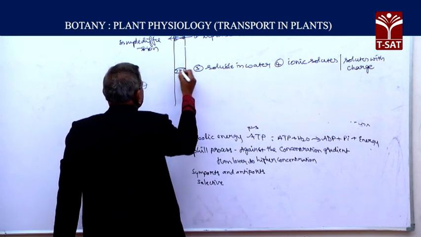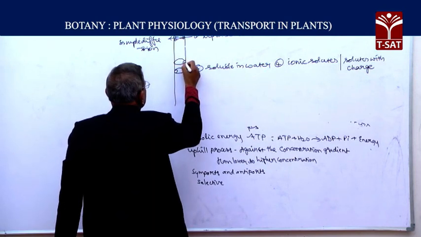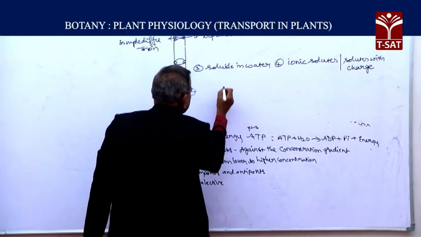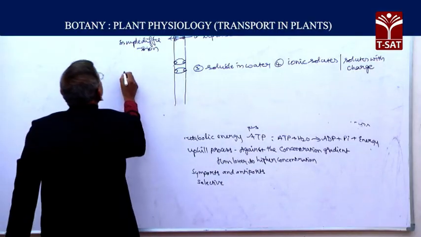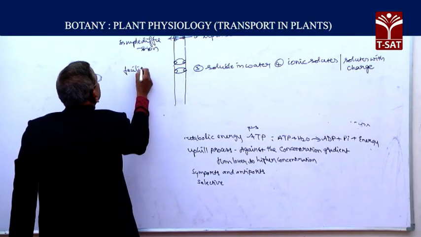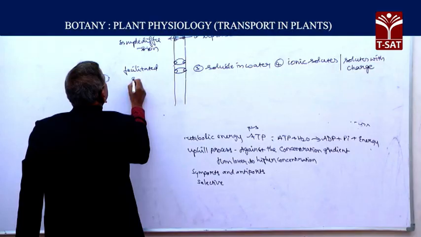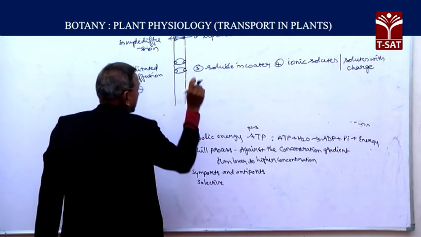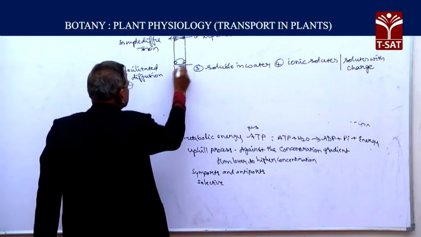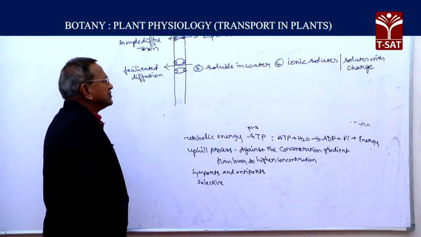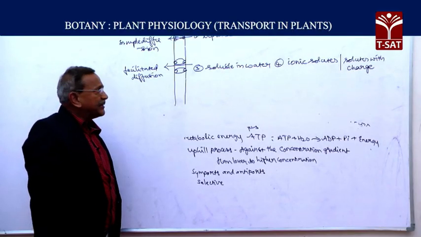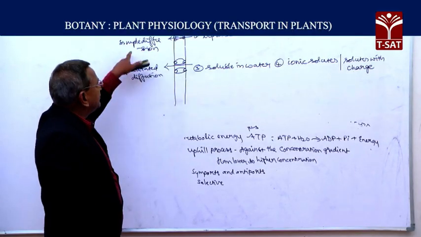It can be carrier proteins in the membrane, and this may be either by facilitated diffusion, and these are our carrier proteins. So, a substance soluble in water, not soluble in lipid, cannot diffuse.